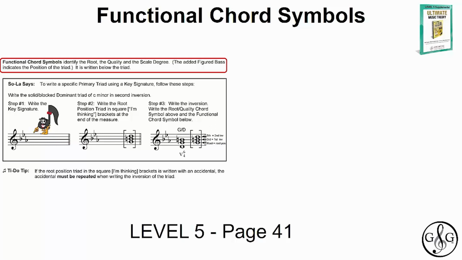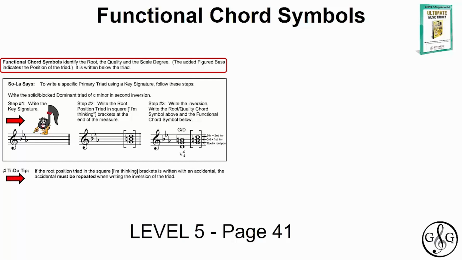So in level 4 on page 41, Sola says follow these 3 steps to write a triad using a key signature. Use the square I'm thinking brackets to write the root position triad, and then write the inversion. Write the root quality chord symbol above and the functional chord symbol below.